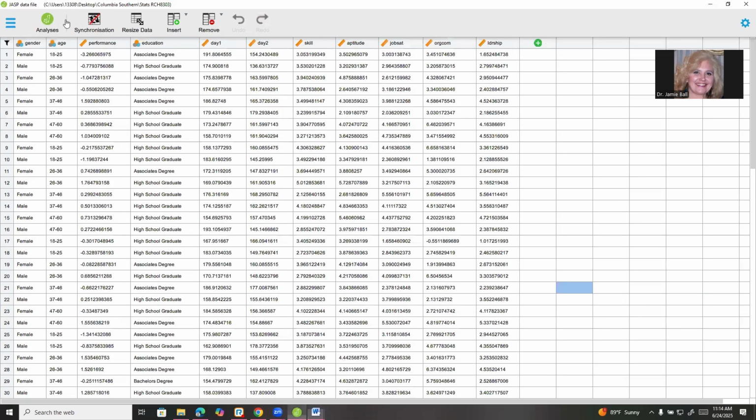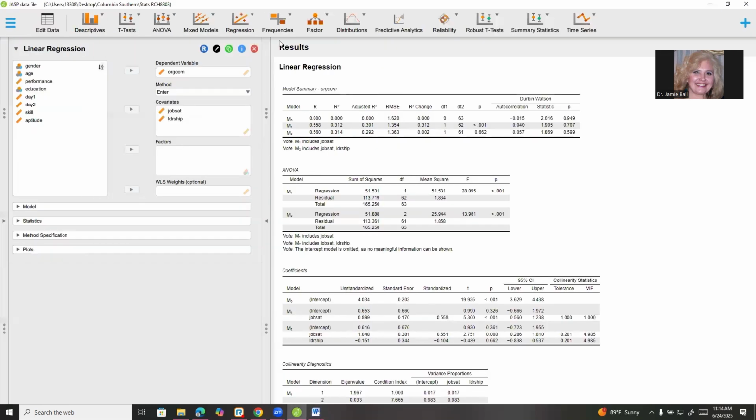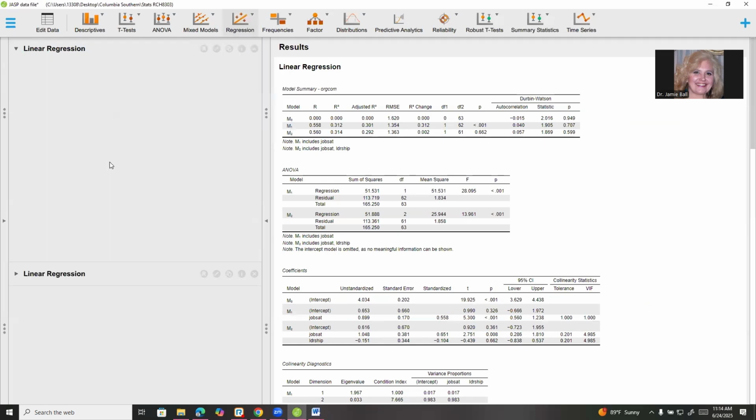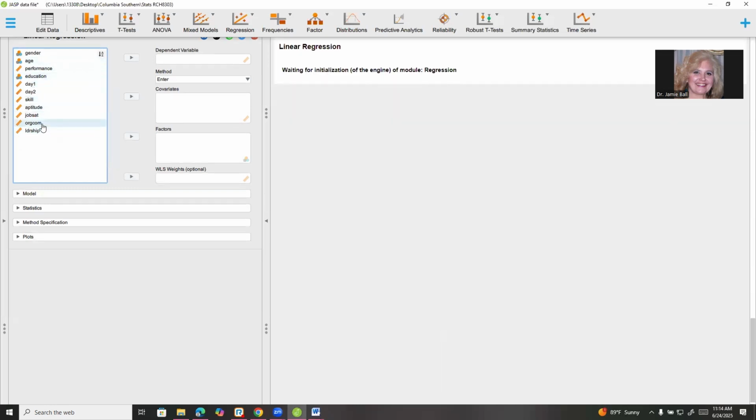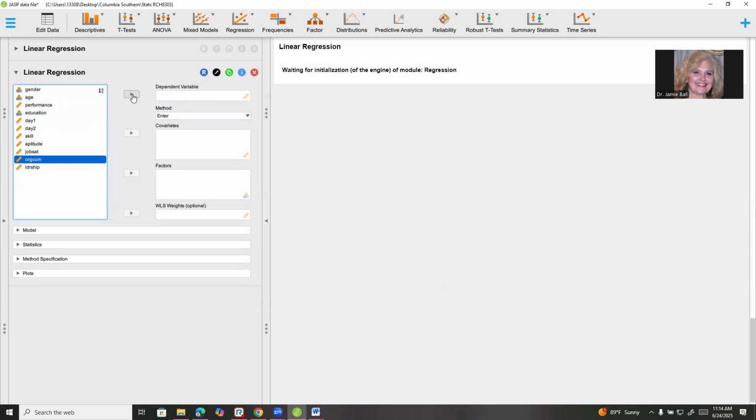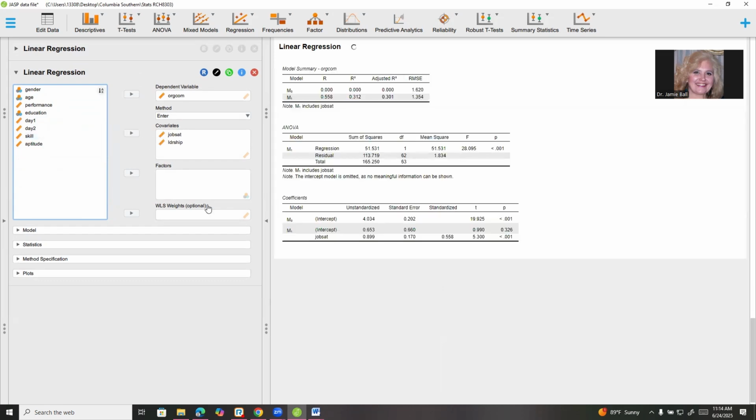So we'll go to analysis, then regression. From the drop down, you want linear regression. Then you can move organizational commitment, the dependent or outcome variable, and job satisfaction is a covariate, and so is leadership.